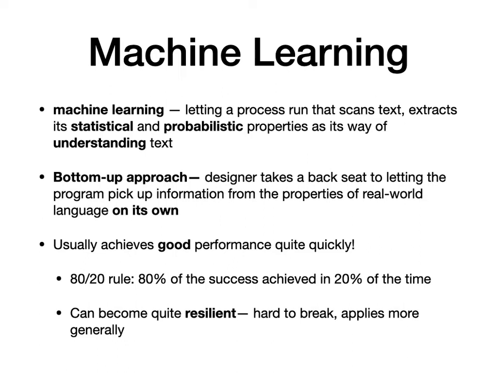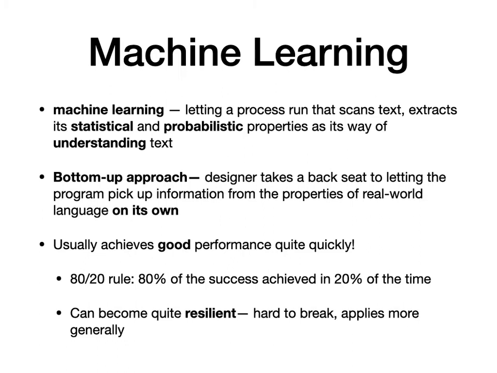And the cool thing about machine learning is that it usually gives pretty good performance pretty quick. If you're building a system that you need to do a certain kind of task, for example translation, the 80-20 rule applies here, as a good old friend of learning in many cases. 80% success in 20% of the time, right?